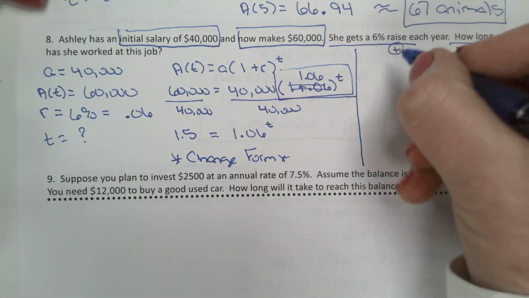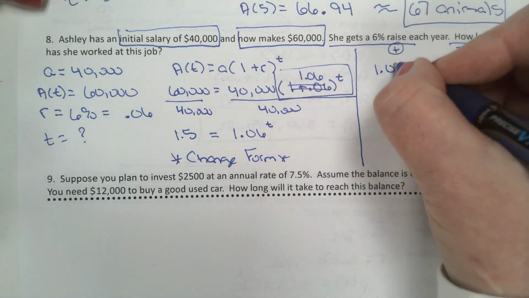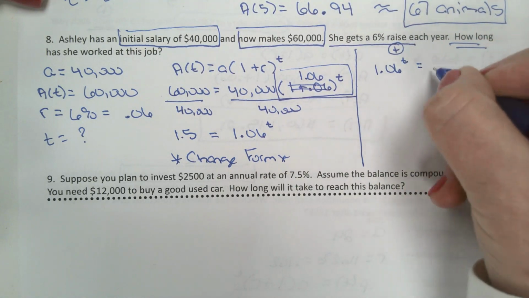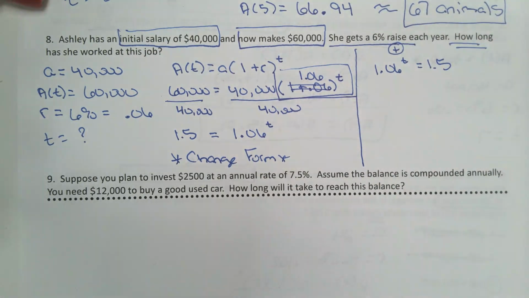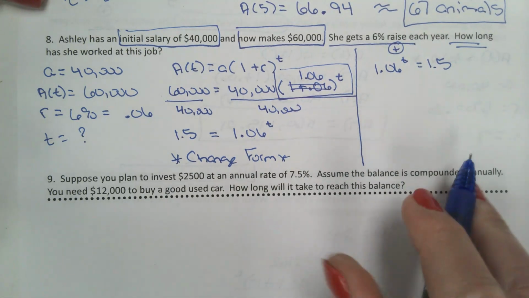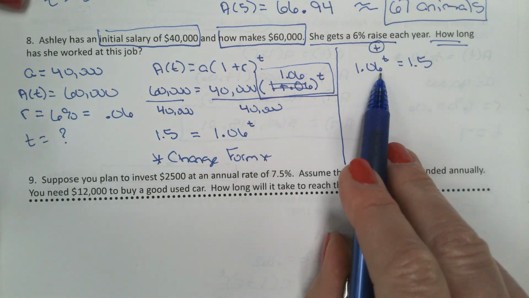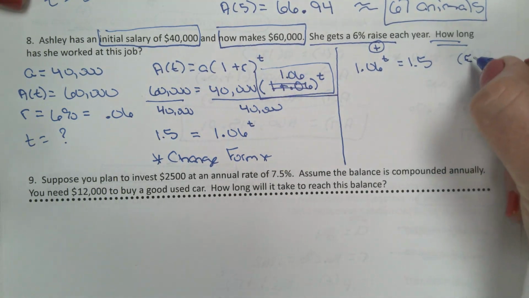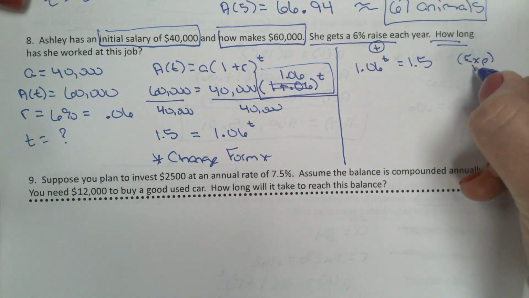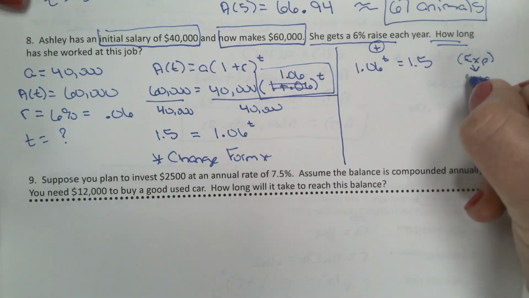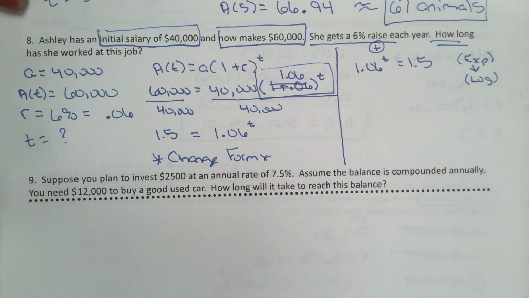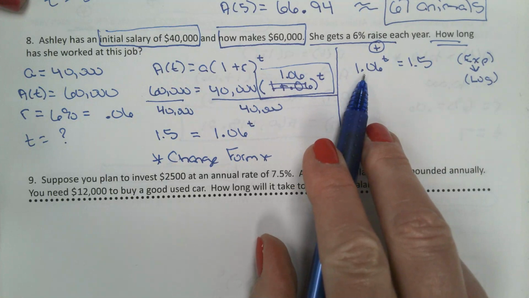I typically have my exponent on the left, so I'm going to rewrite this as 1.06 to the t equals 1.5. So when I say change form, I'm saying go from exponential, which is what you're looking at here, and I'm telling you that you need to put this into log form. That's what you're changing.